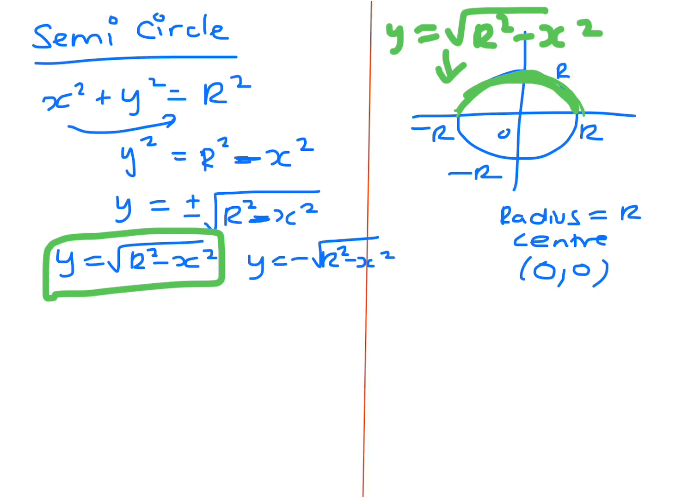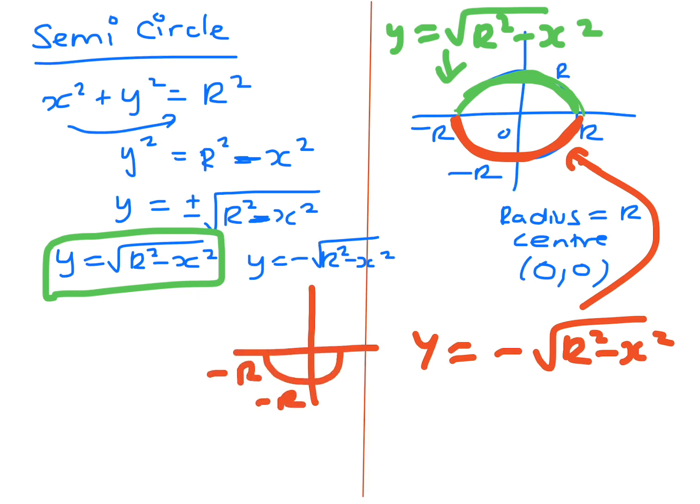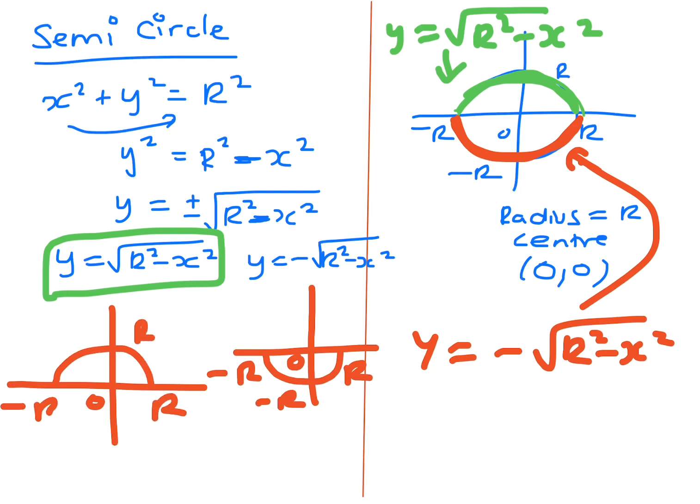And the minus, if you look at the bottom half here, represents y equals minus the square root of r squared minus x squared. So you can draw each of these separately, like this is the one that comes underneath the circle, or the negative semicircle, and this one here represents the positive semicircle.